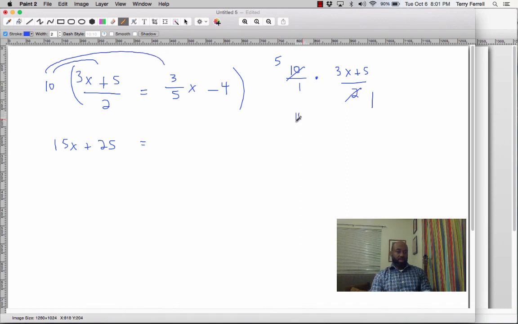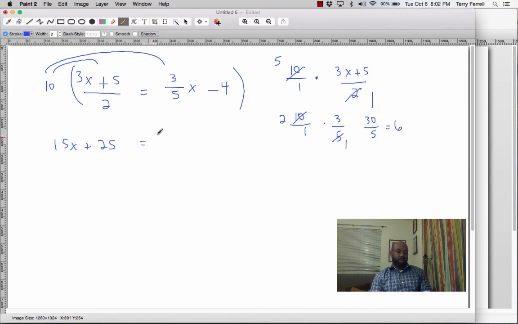Equals, now I got to keep distributing, 10 times 3/5. So I'm just going to do 10 over 1 times 3 over 5. You really could use the same concept. You could do this two different ways just to show you. 10 top times top, that's 30 over 5, which is 6. Or you could have looked at these and cancel out. 5 goes into 5 once. 5 goes into 10 twice. 2 times 3 is 6.